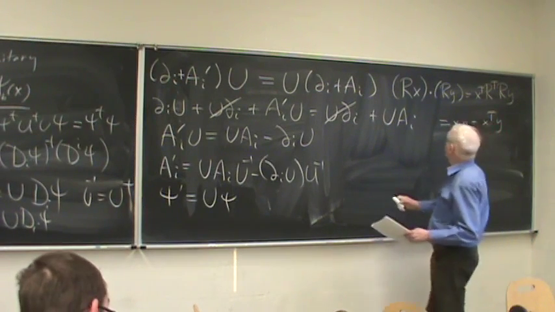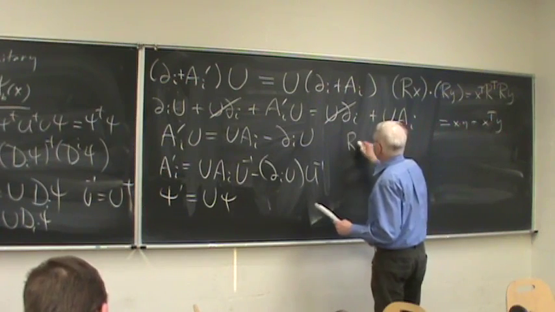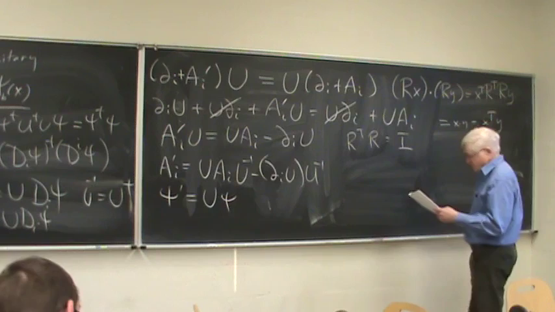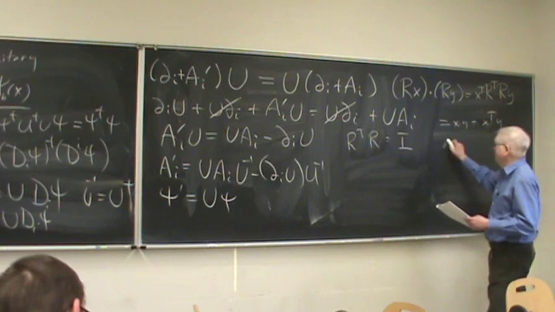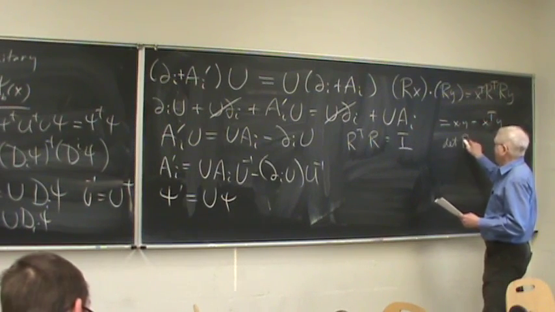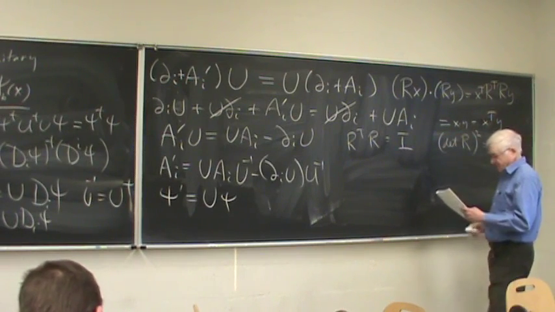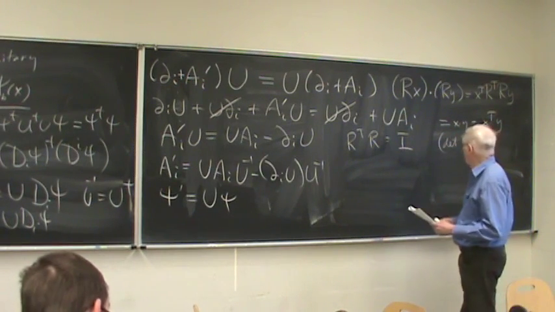And so what this means then is that R transpose R should be the identity. This is just a 3-by-3 relation. This means the determinant of R squared is 1, so the determinant of R is plus or minus 1.